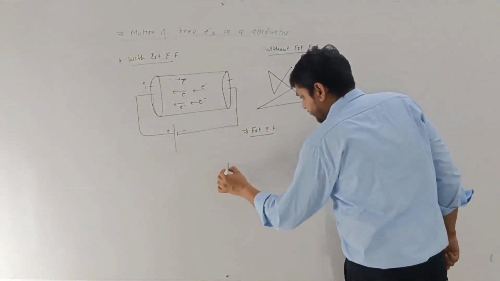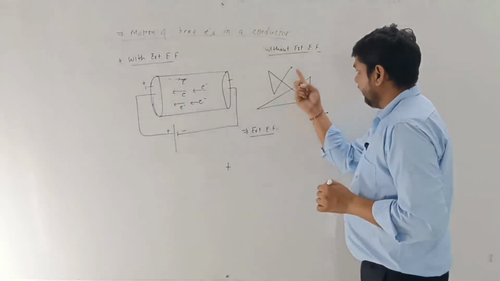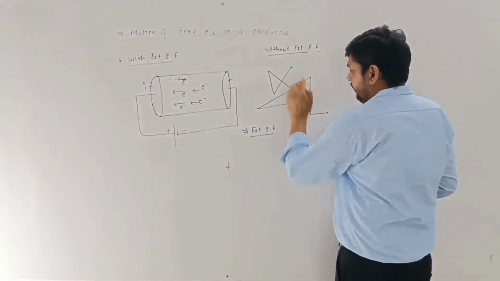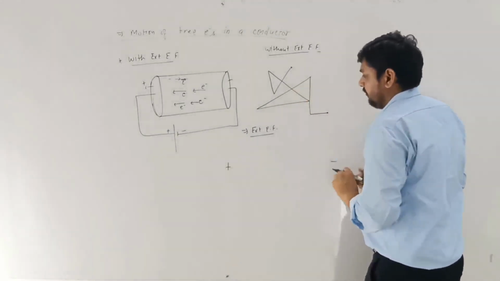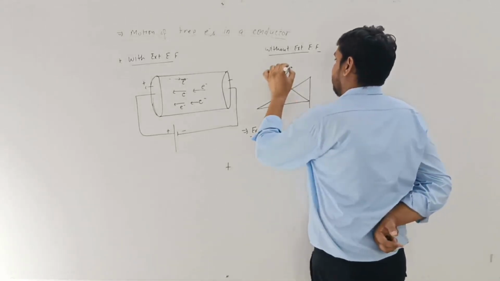For example, this is the positive terminal and this is the negative terminal, and the electron's behavior now changes somewhat. The electron is attracted to the positive terminal somehow. Then the path of this becomes like this.